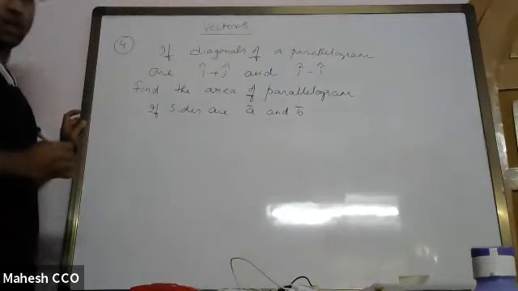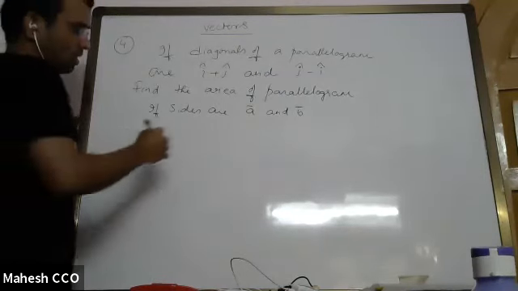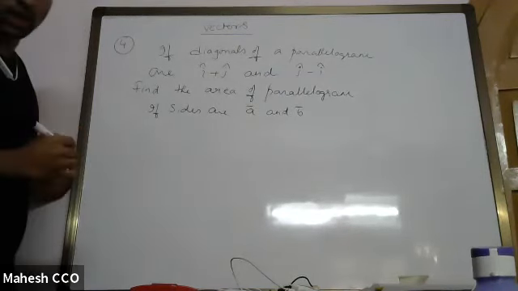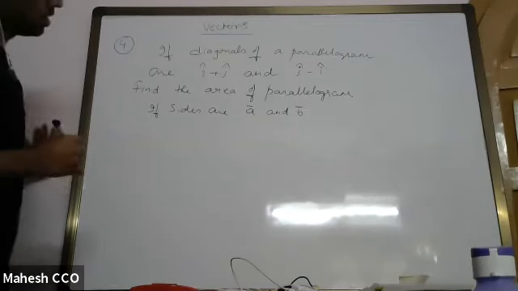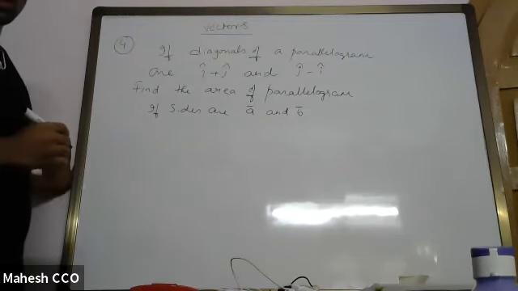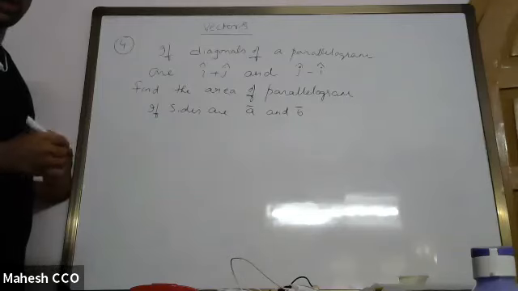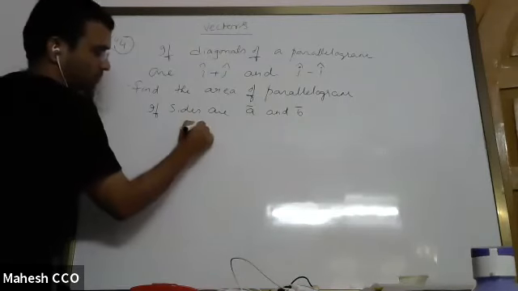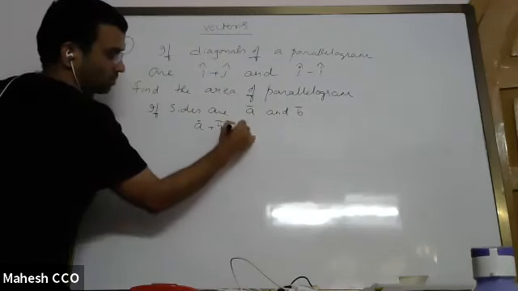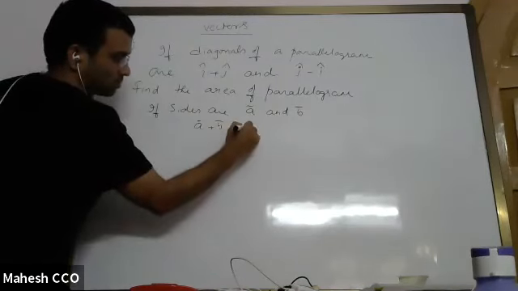If the sides are A bar and B bar, then we know that A cross B is directly the area of the parallelogram. Then typically the diagonals are either A bar plus B bar and B bar minus A bar, or A bar plus B bar and A bar minus B bar. Does not really matter. Here it looks like A bar plus B bar and B bar minus A bar are given.